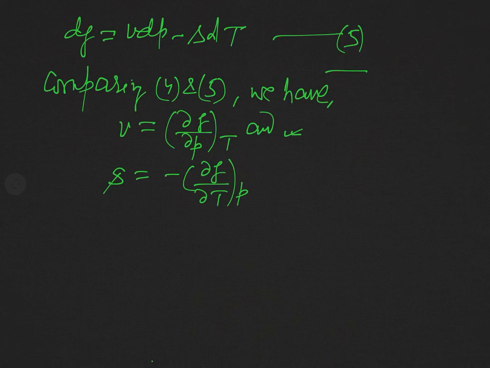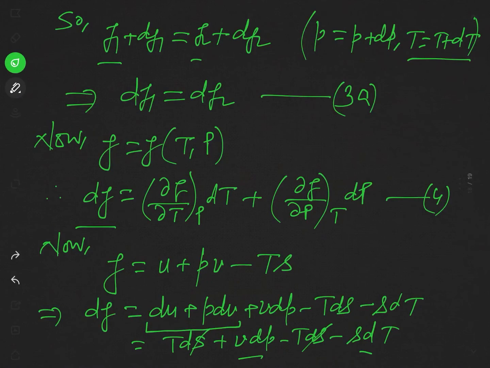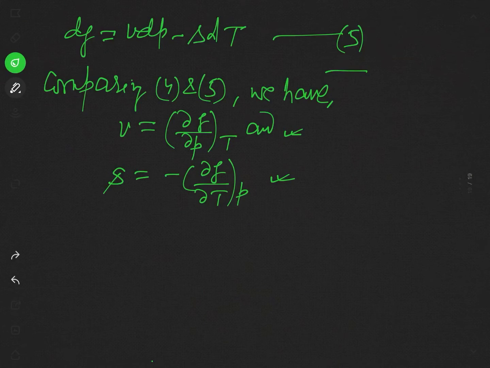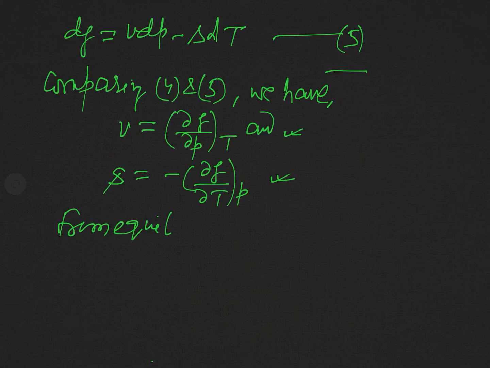So we have defined v and s in terms of the specific Gibbs potential G. Now, from the equilibrium condition 3a, what does this equation state?